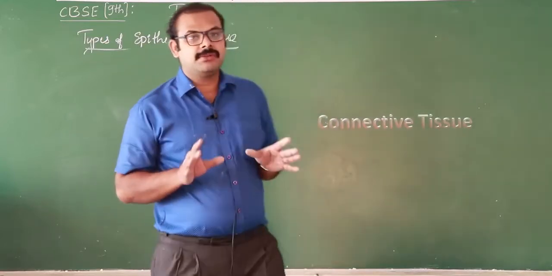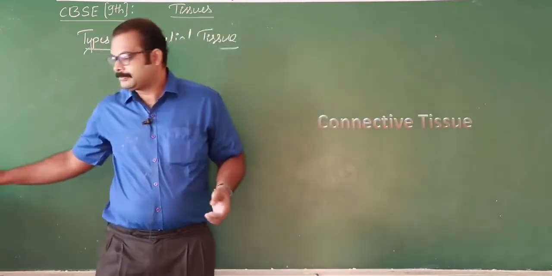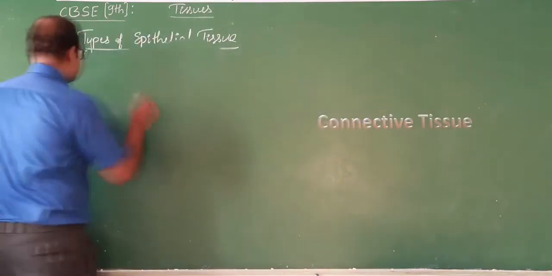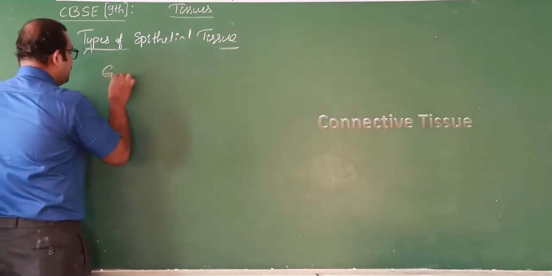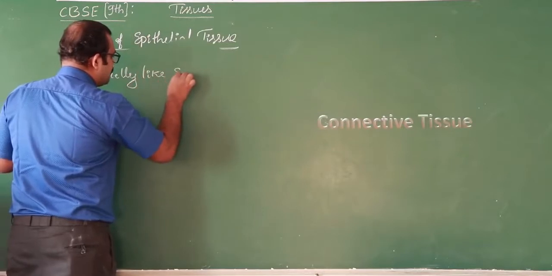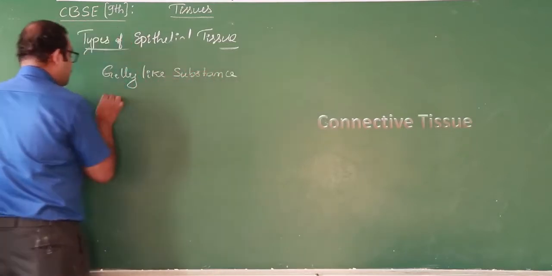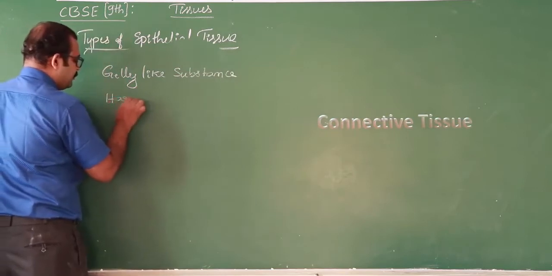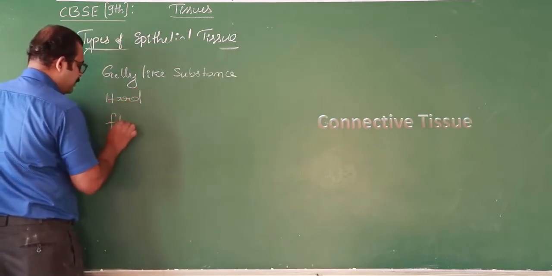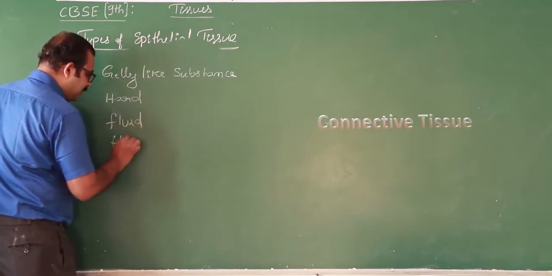So connective tissue may be in the form of a jelly-like substance, or it may be hard, or it may be fluid, or it may be flexible.